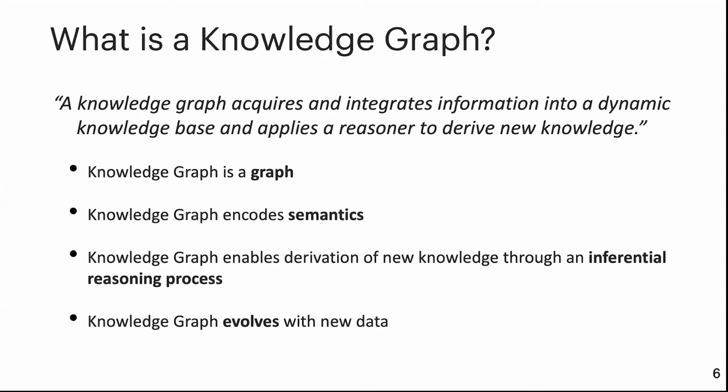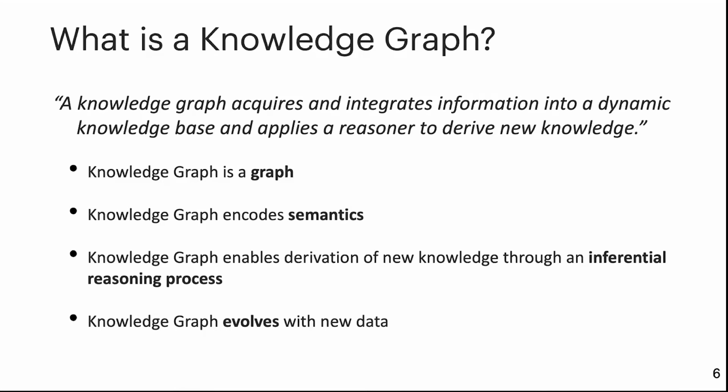And then ultimately, a knowledge graph evolves with new data. This dynamic aspect is the key point of any knowledge graph based representation, because we want to incorporate any new knowledge that becomes available into an existing knowledge graph.